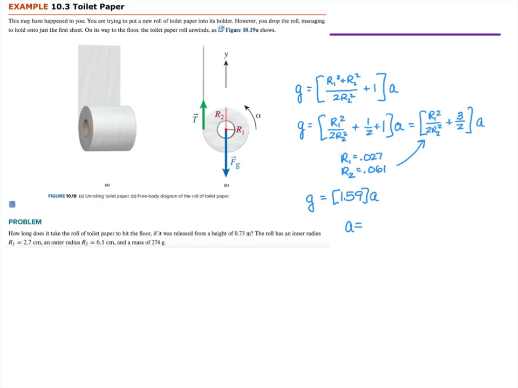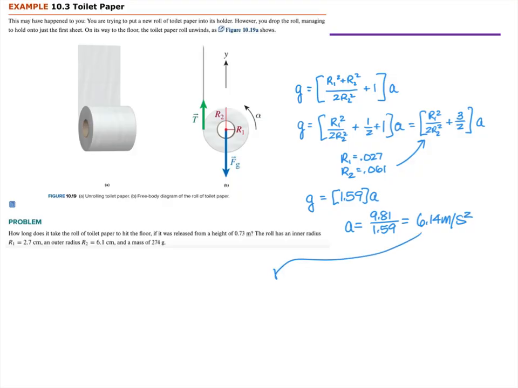So if I solve for a, it's 9.81 divided by 1.59. So you can see that we've slowed down the acceleration here. It's going to be 6.14 meters per second squared.